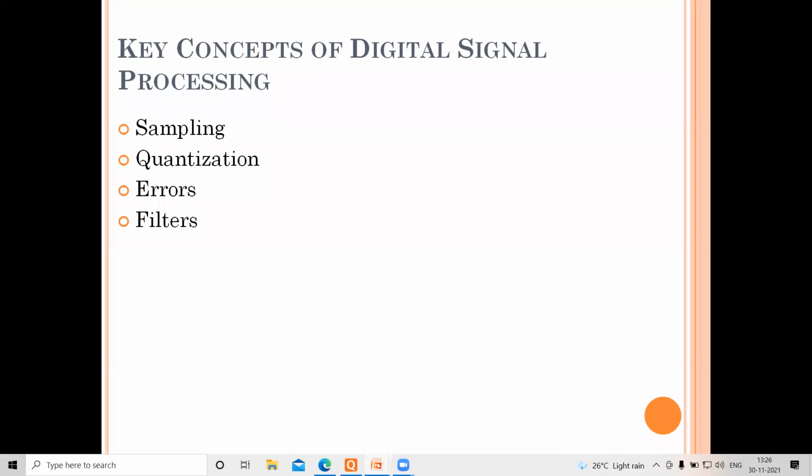Then what is aliasing, please? Any answers? I know that most of you know this. What is aliasing? Anybody in the class, please?